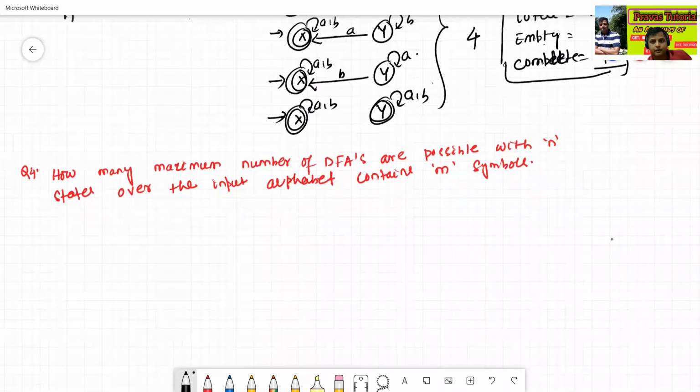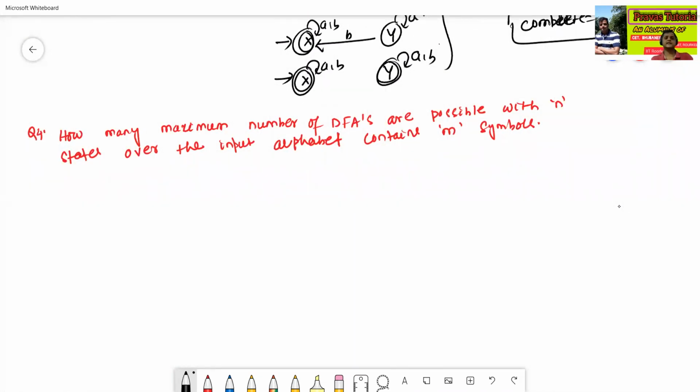Okay, now the 4th question is, how many maximum DFAs are possible with n states over the input alphabet, with m input symbols?